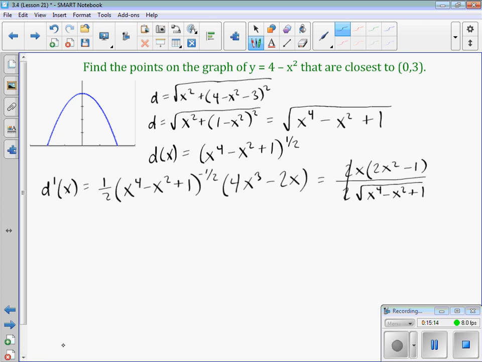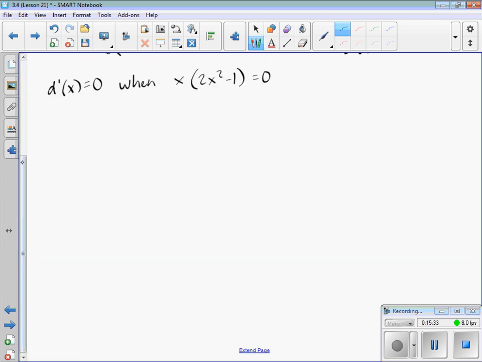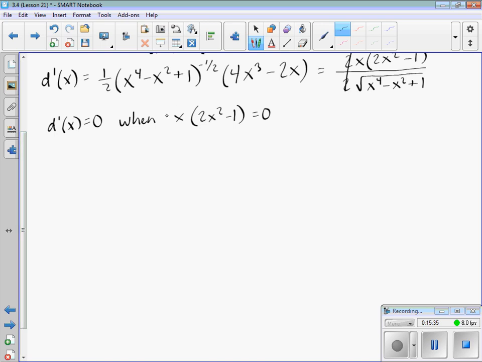Then what do I do with the derivative? Set it to 0. So my d prime is equal to 0 when my numerator is 0. And this equals 0 either when this is 0, so I have x is 0, or when this is 0, right?